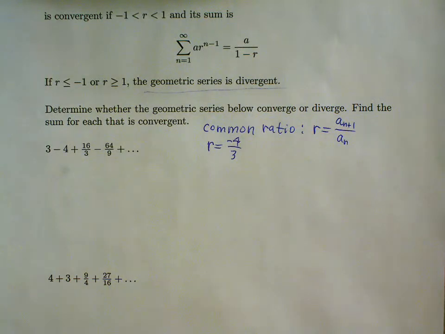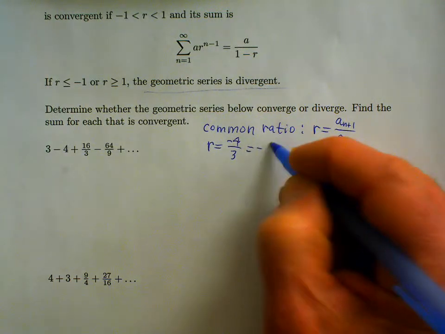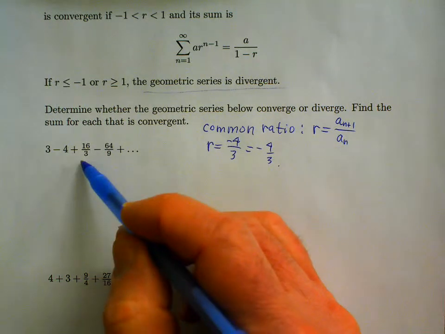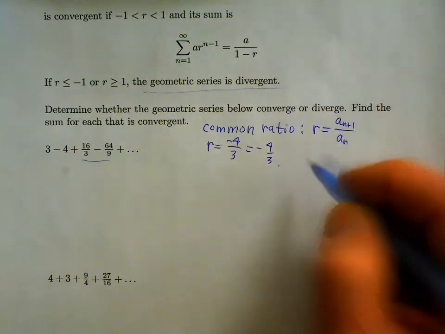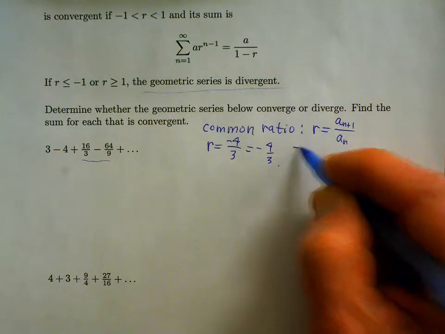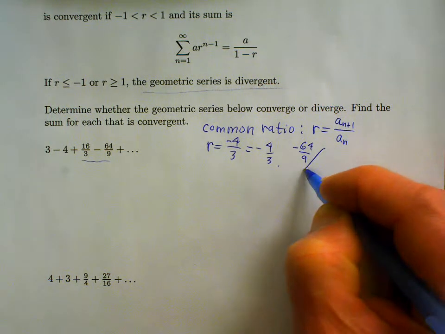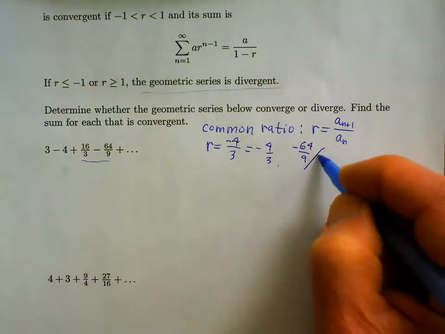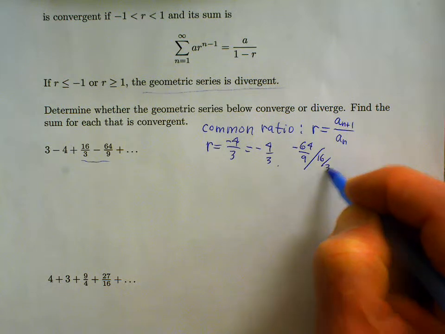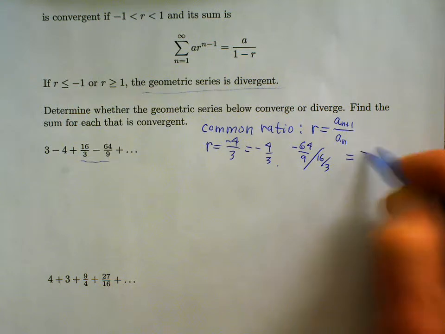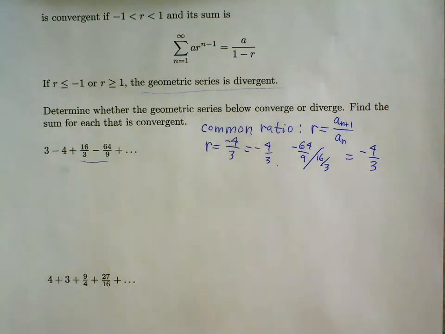That's the common ratio, or -4/3. We could also use the third and fourth terms. We could divide -64/9 by the previous term, 16/3. And when you do the arithmetic, you still get -4/3 for the common ratio.